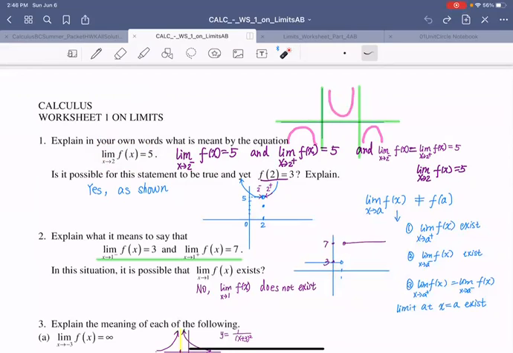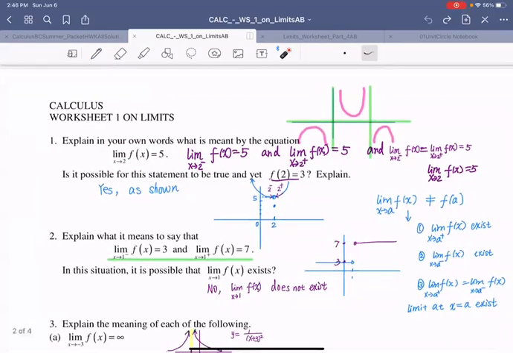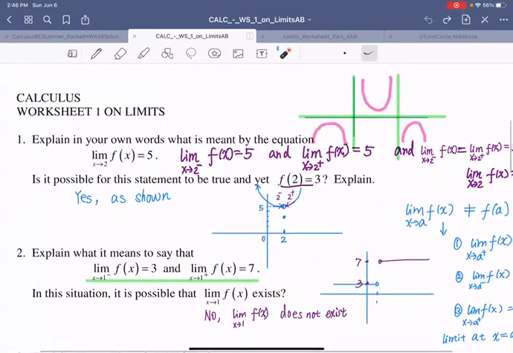You have to always mention from your left, remember I already said this doesn't mean -2. This means you approach 2 from the left.